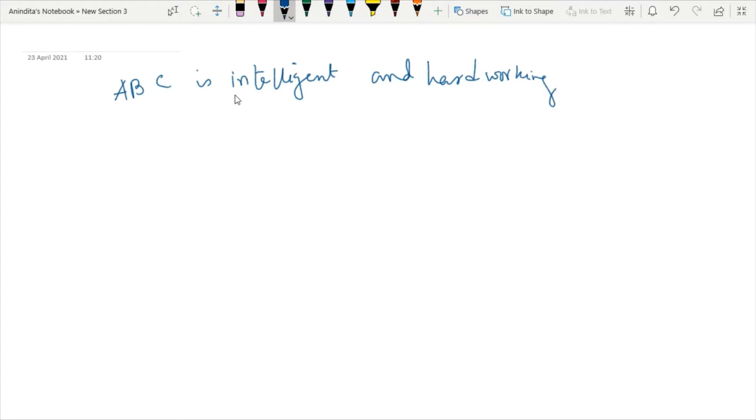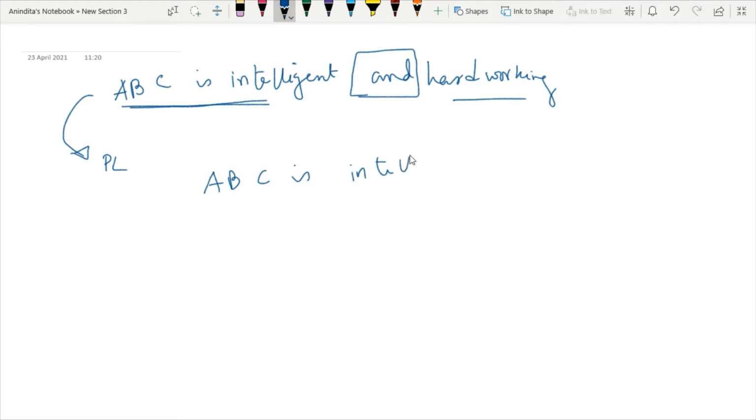To represent this sentence, we know that it is a complex sentence because we have a connective between two sentences. However, to represent this real world knowledge in propositional logic so that our machine could comprehend it, we have to split this sentence into two parts. The first part is ABC is intelligent, and the second part is ABC is hardworking.